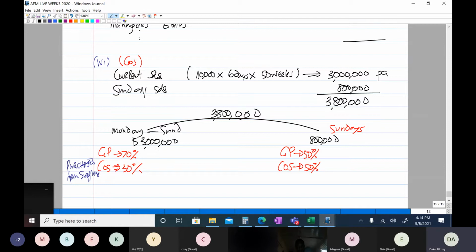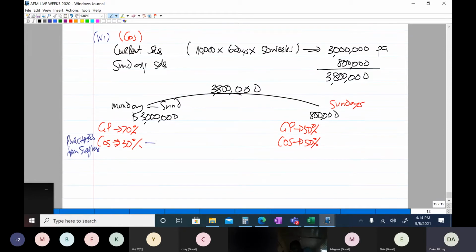Now, this cost of sales, 30%, will be 900,000. So it means that at the moment it is less than the 1 million, and so there is no discount. But if I come here, 50% of this will give me 400,000.